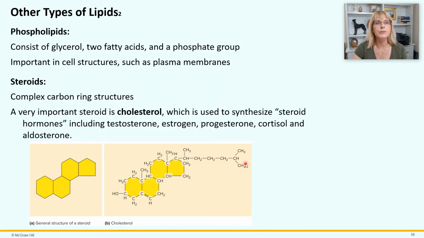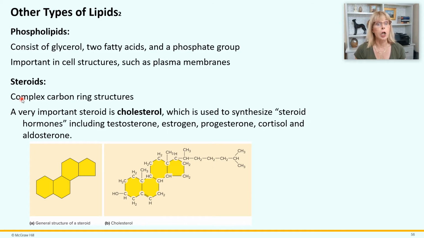So we left off here, and we just need to conclude with the fact that there are other types of lipids, and one that we will be talking about, particularly when we get to the endocrine system, is this group called steroids, all right? Now, steroids are much more complicated than triglycerides.